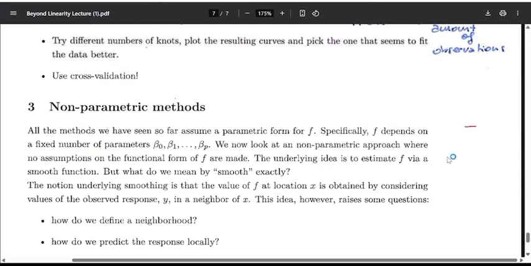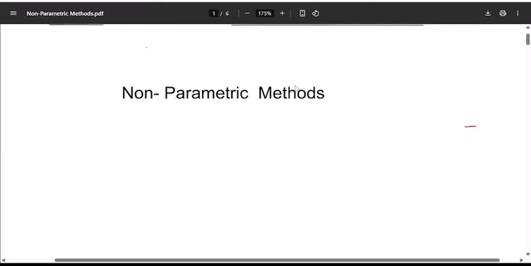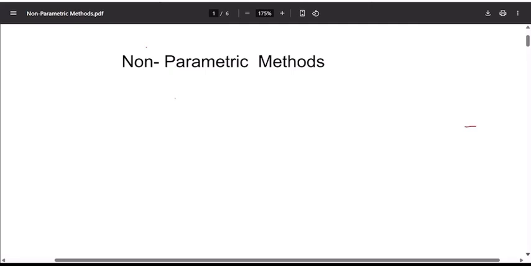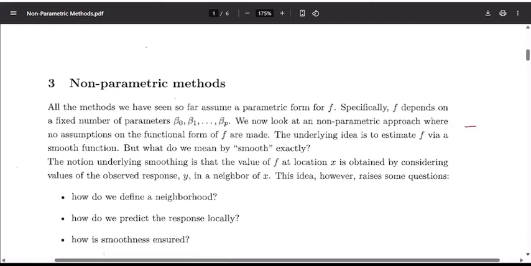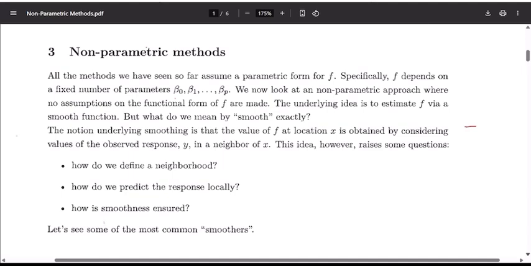Okay, I want to welcome you to the non-parametric approach. In the non-parametric approach, the difference is that we are not assuming any functional form for our f.